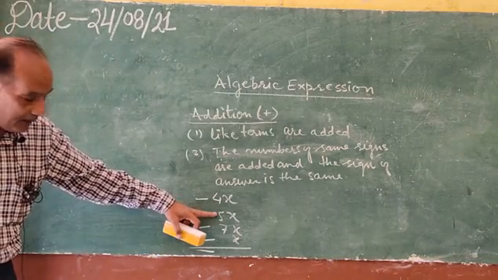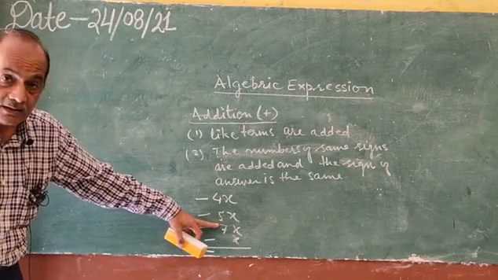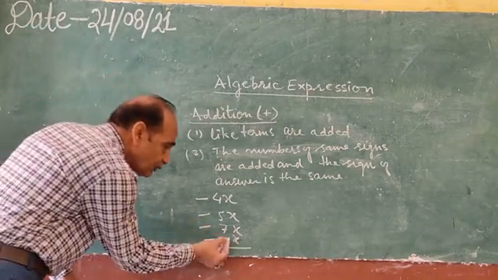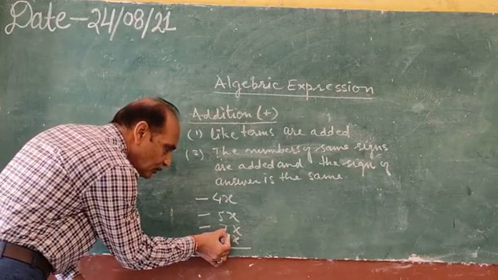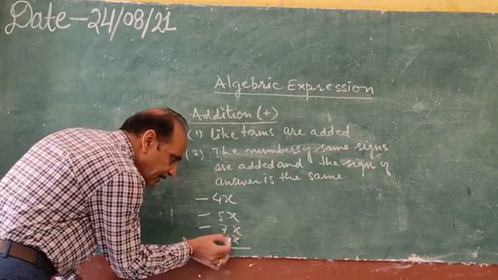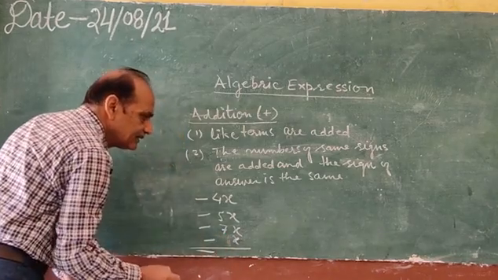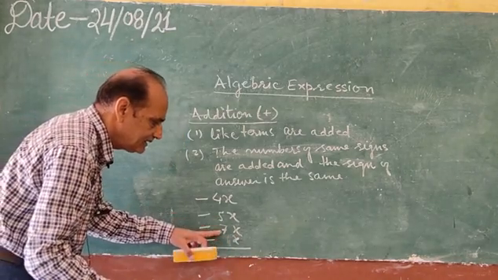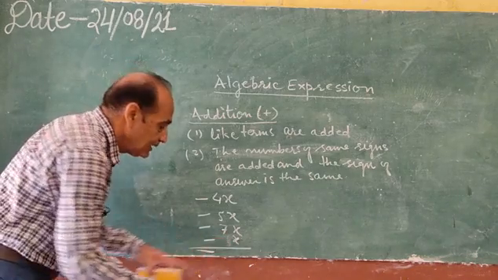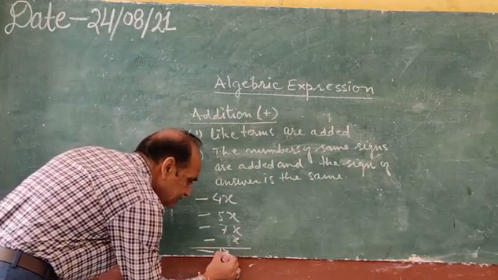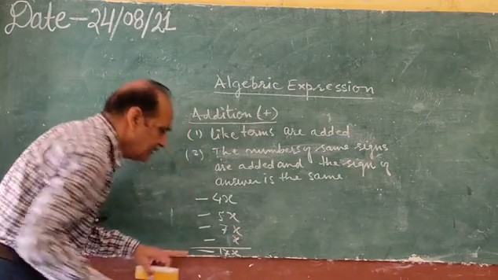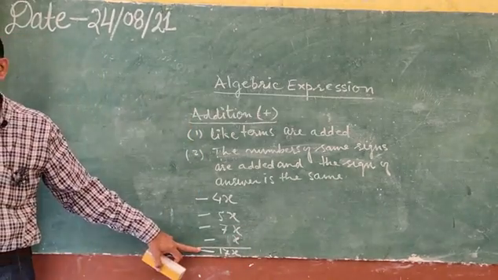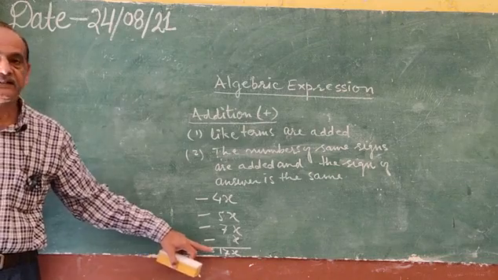Now 4 plus 5, 9, 9 plus 7, 16, and this is 1x. Here there is no coefficient, so we will take 1. So 16 and 1, 17x. The answer is 17x. Which sign? Minus. You will say minus 17x.